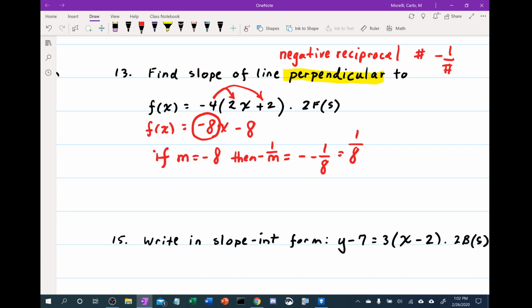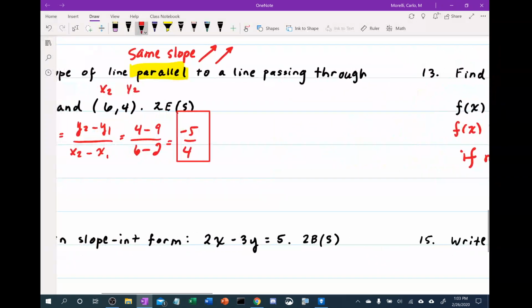Let me do this again because I kind of messed it up. We take -8, put a 1 over it, and change the sign. So that's how we got to +1 over 8. Put that in a box. We're almost done. 2 more to go.